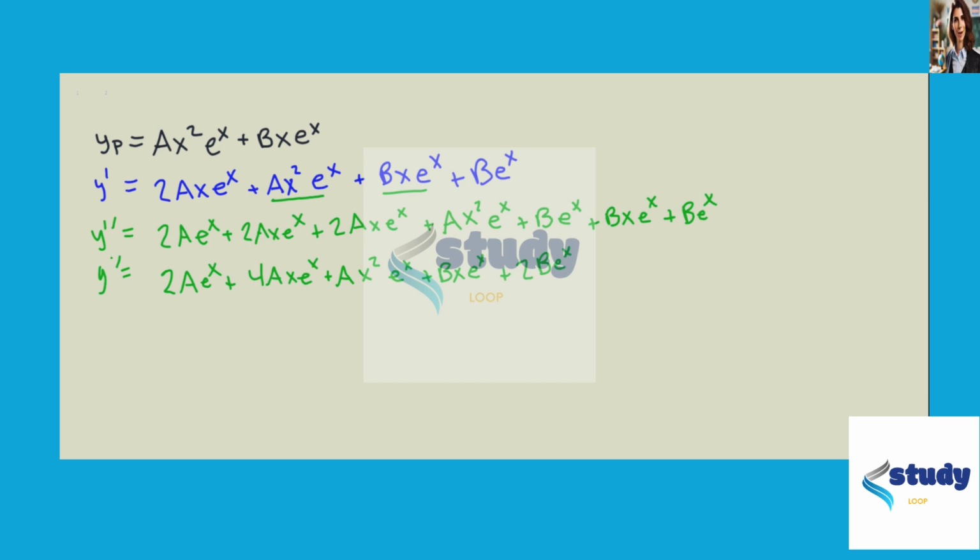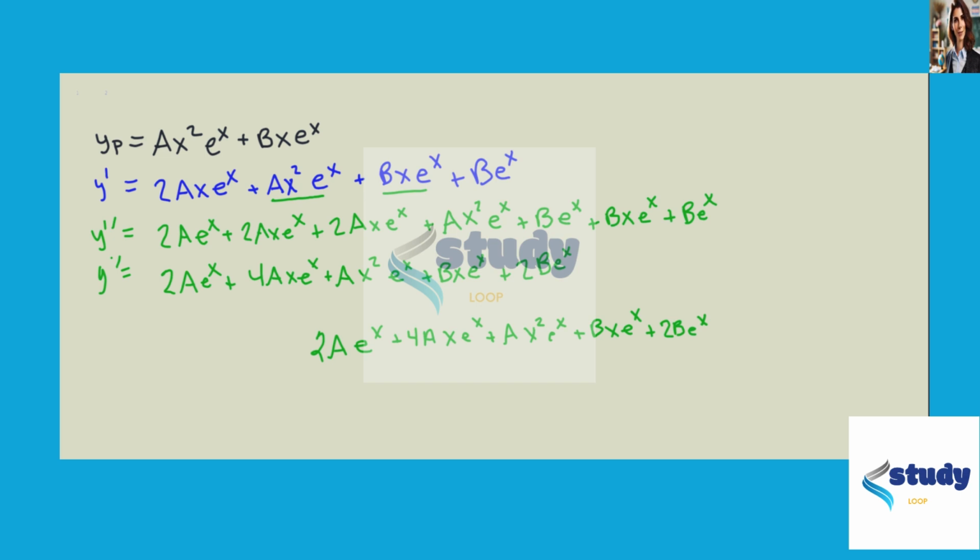So I have y double prime, which is 2a e to the x plus 4ax e to the x plus ax squared e to the x plus bx e to the x plus 2b e to the x minus y prime.